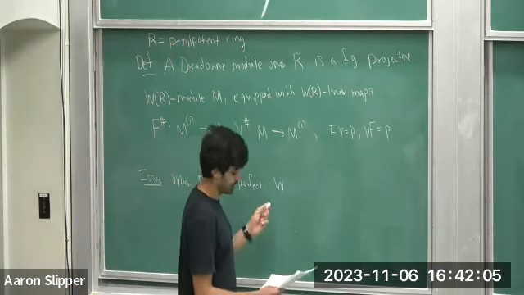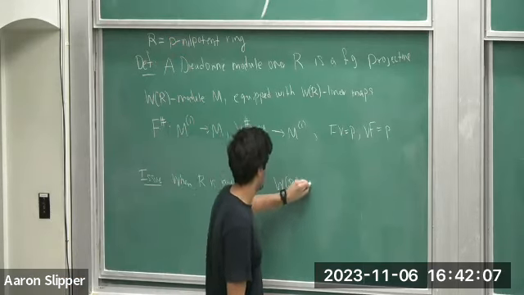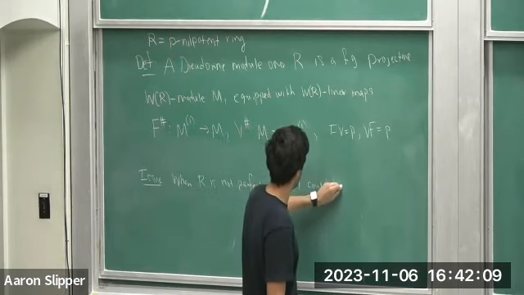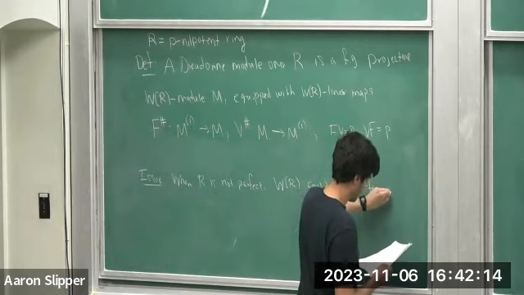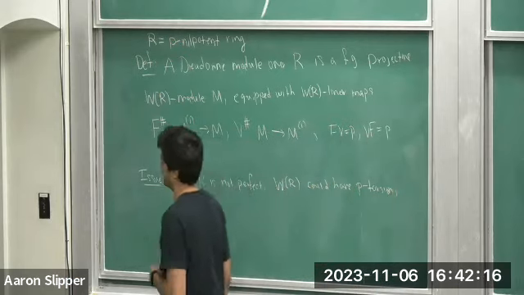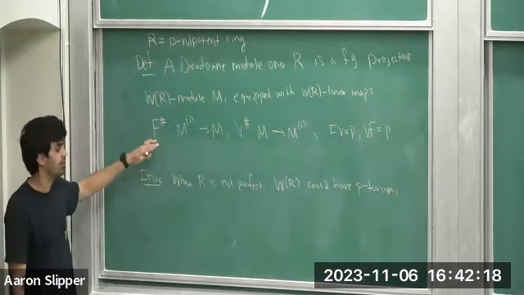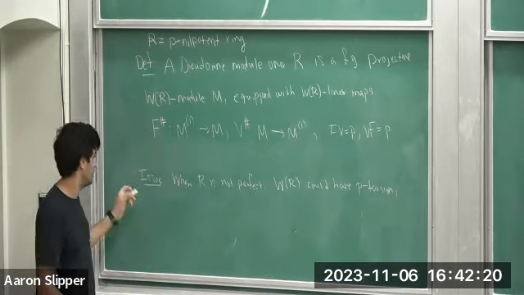So when R is not perfect, W(R) can have p-torsion, and we could lose some information, for instance, if F is divisible by p.